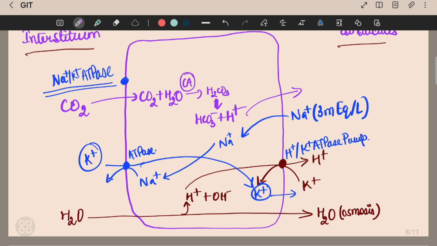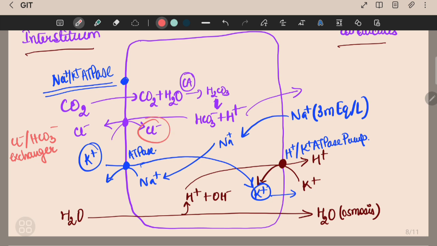So this part should be very clear, how H plus is moving. Here water is dissociating, and from there H plus is moving into the lumen, and at the same time carbon dioxide is forming carbonic acid. Now this bicarbonate which is produced will be exchanged for chloride from the interstitium, which will come into the parietal cells. Here there is the presence of the chloride bicarbonate exchanger protein, and chloride is coming inside.